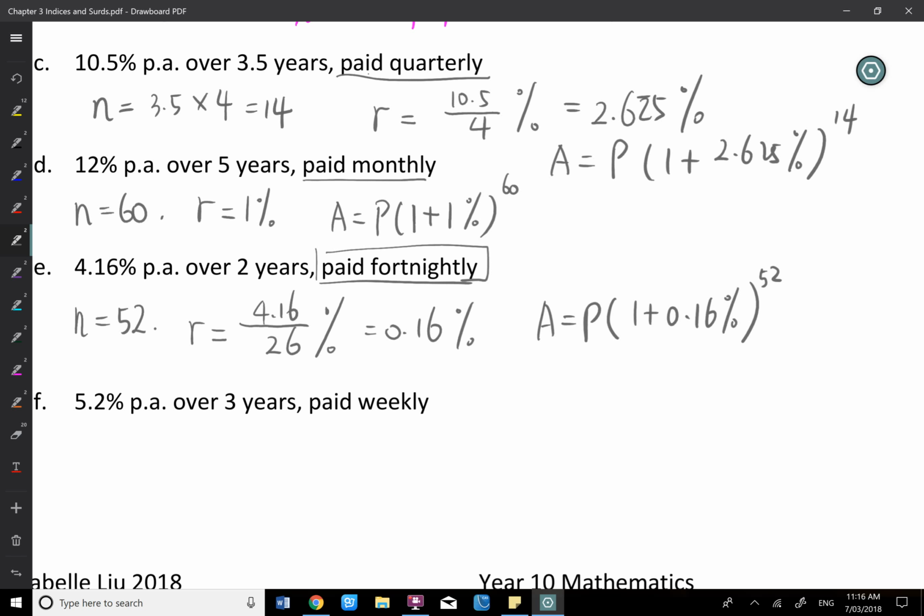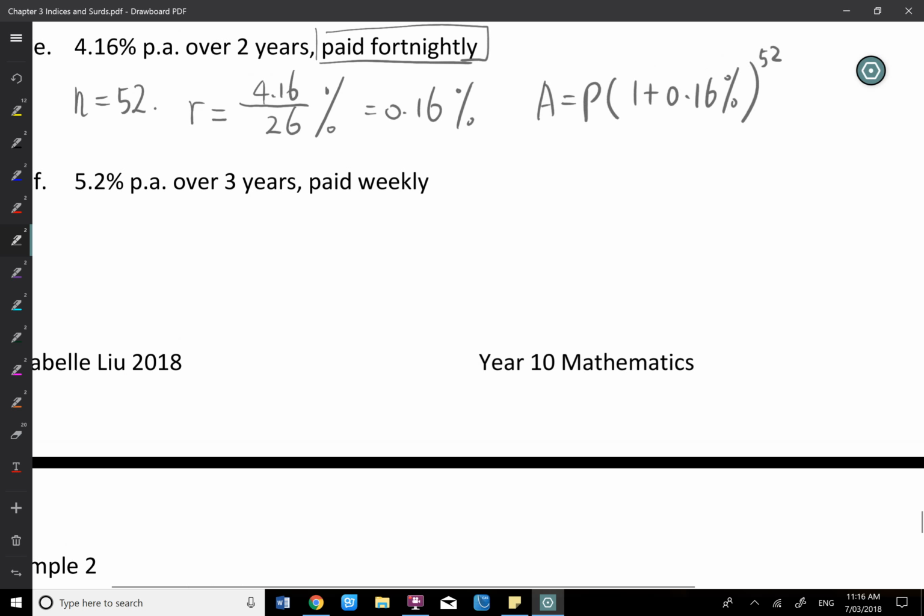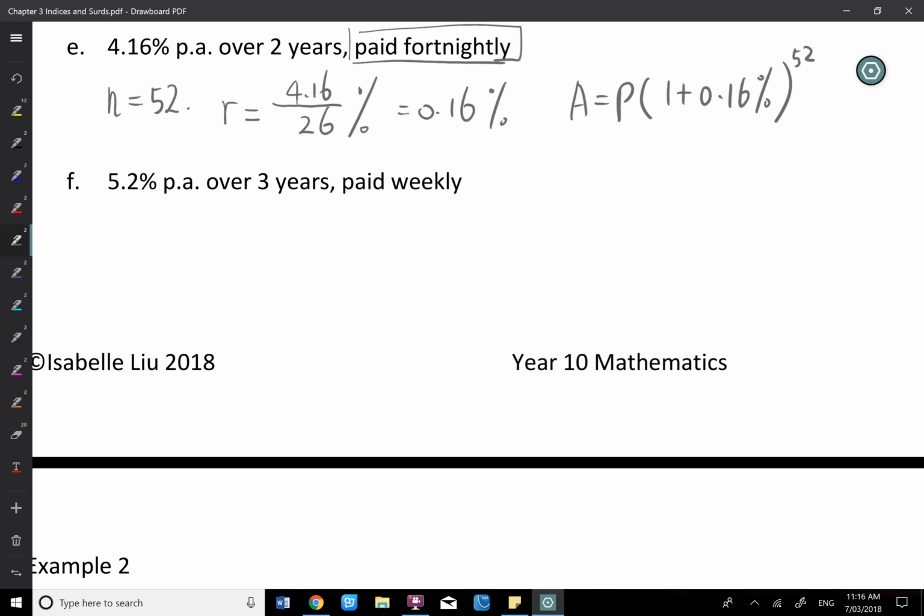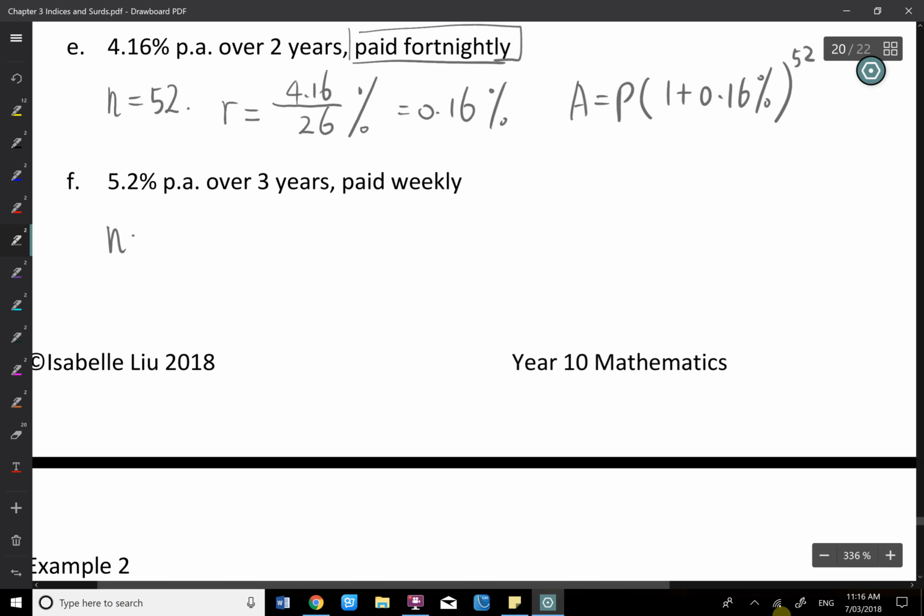Okay, last one. 5.2% over 3 years paid weekly. So how many times get paid? So 52 times by 3 years. That's 156. Okay, and then what's the interest rate?